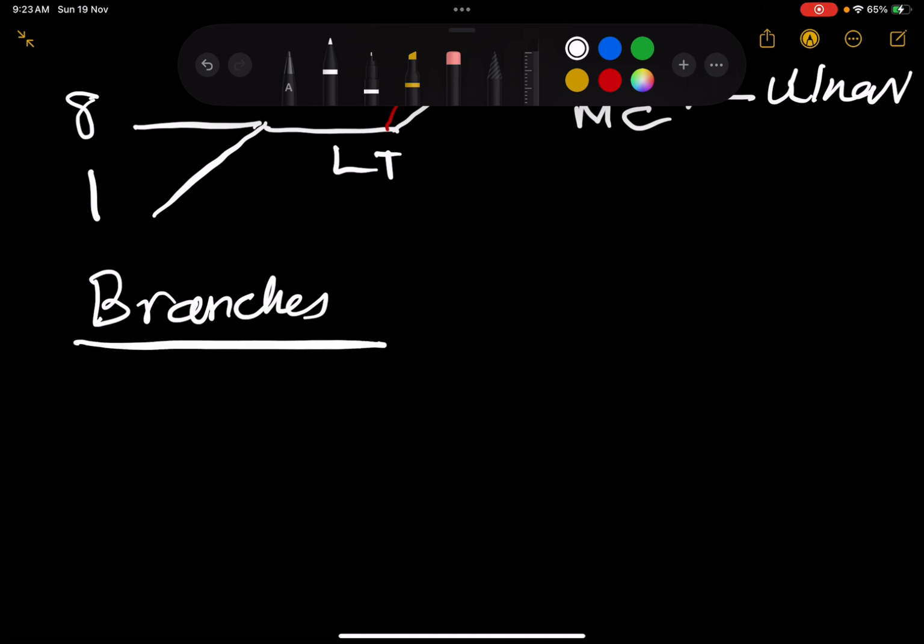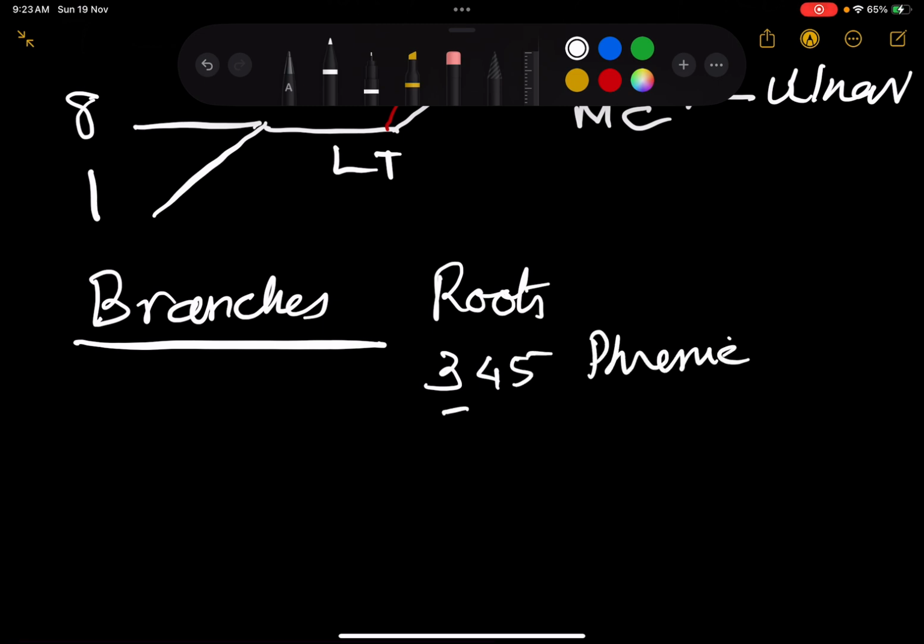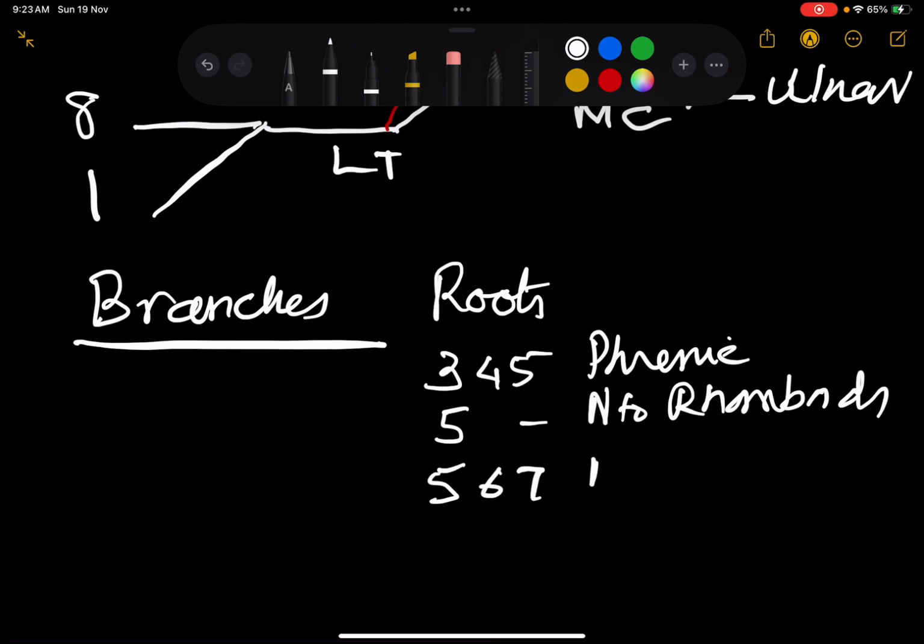The branches are from the roots, and you remember 3, 4, 5 phrenic, 5 nerve to rhomboids, and 5, 6, 7 nerve to serratus anterior.